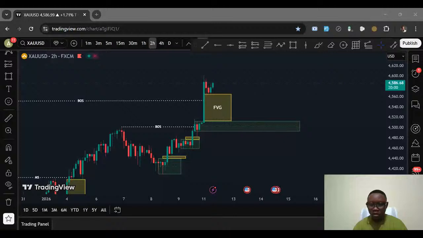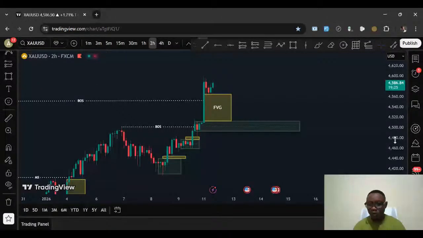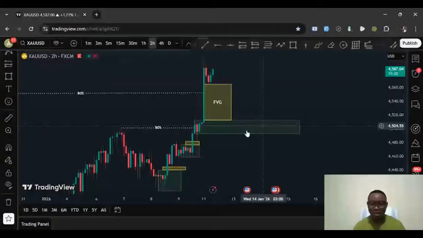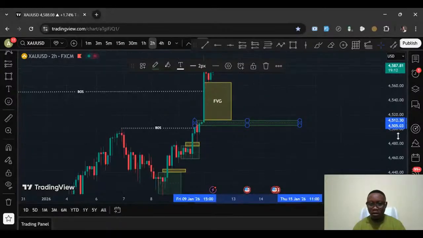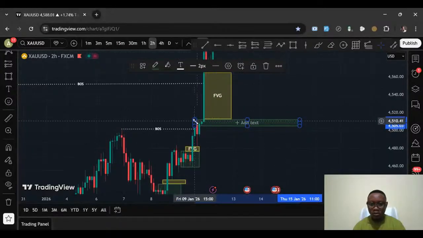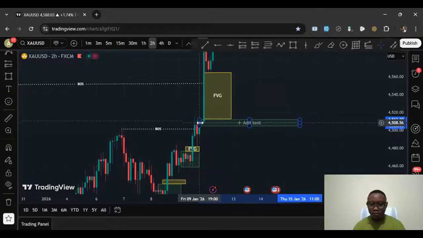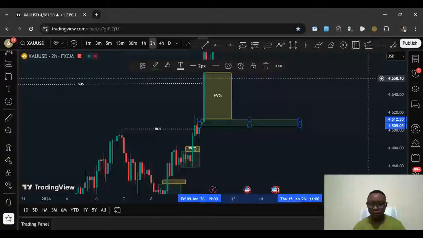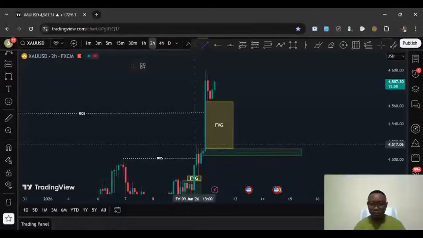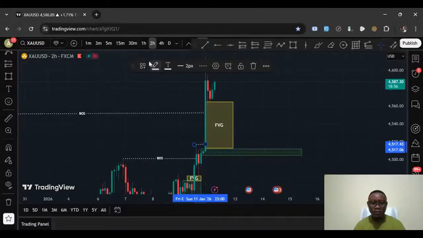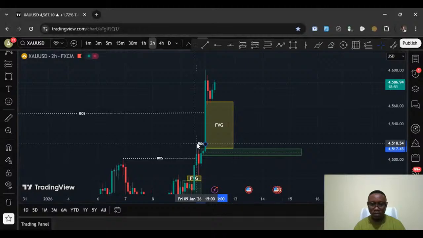Okay. Now we're on the 2 hour time frame. This is my order block zone. From the 2 hour perspective, this is my order block zone. And you can see we have this break of structure to the upside, right?